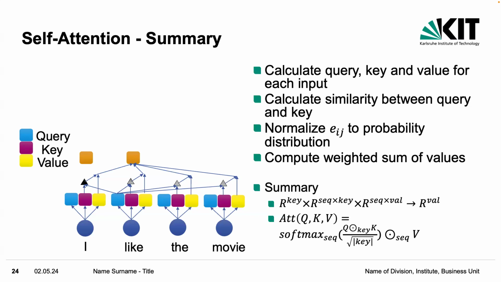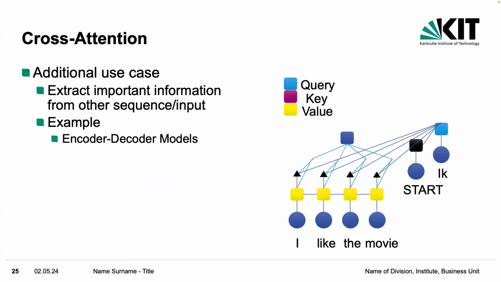We already have the name self-attention, so of course there should be other types of attention too. This is especially important for encoder-decoder models, where you want to attend to other parts. The idea is that you have a model with two sequences.